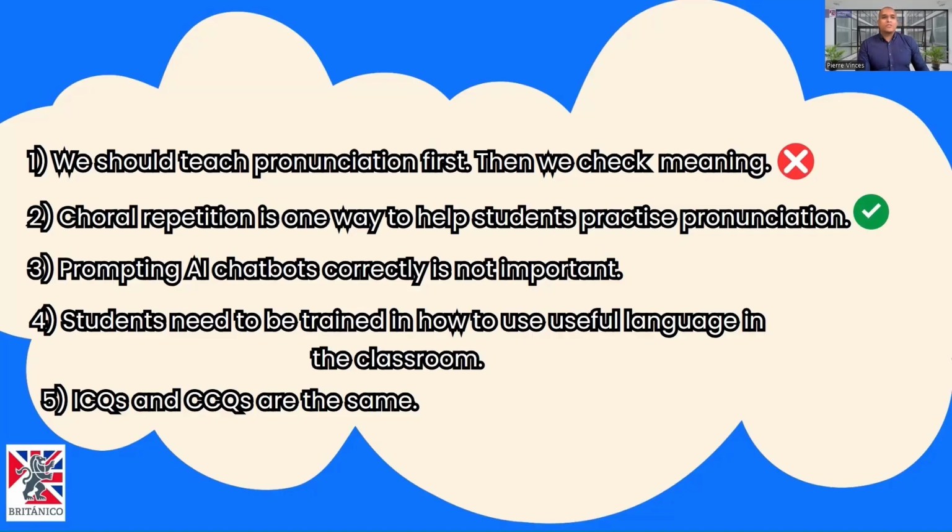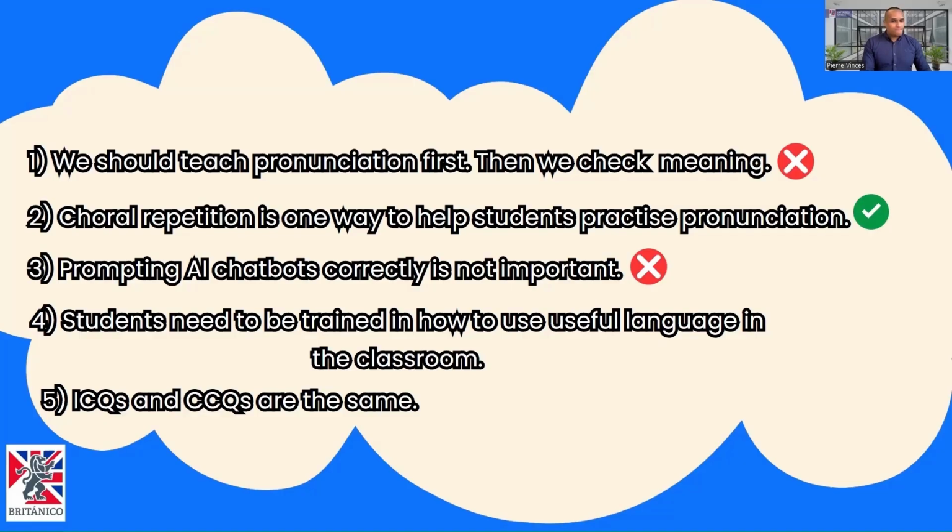Number 3, prompting AI chatbots correctly is not important. I cannot hear you now, but I'm sure you said this is false. It is really important to prompt AI correctly to filter the outcome, the result we get, and to remember the elements.